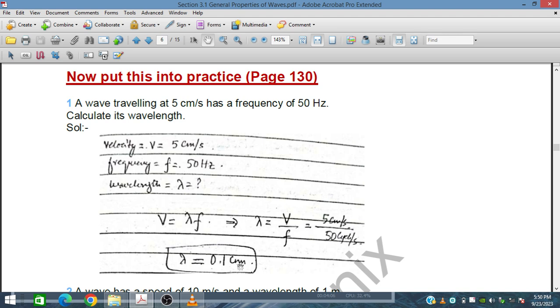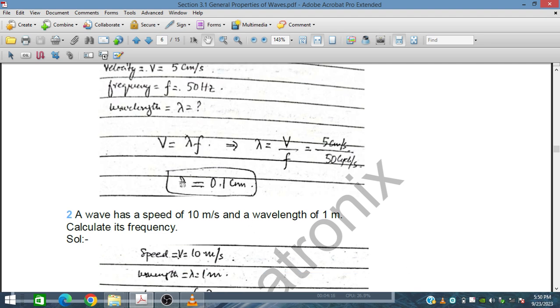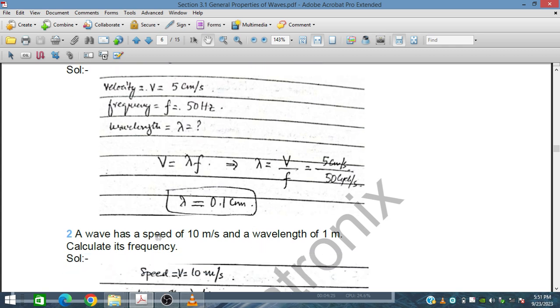So the wavelength is 0.1 centimeters. When this is multiplied with 50, it becomes 5. So this is very easy.